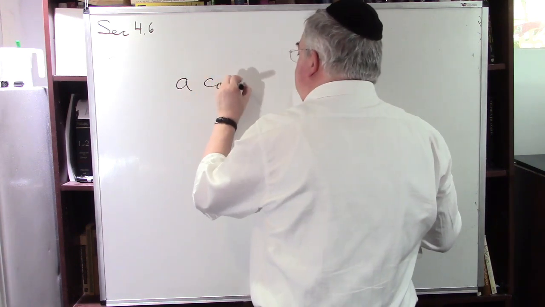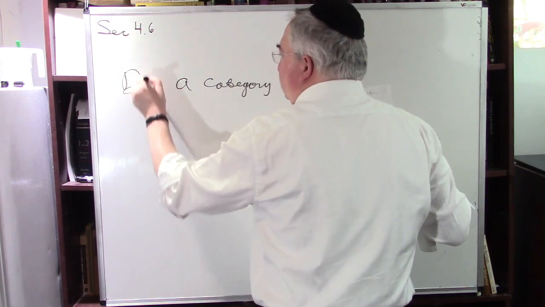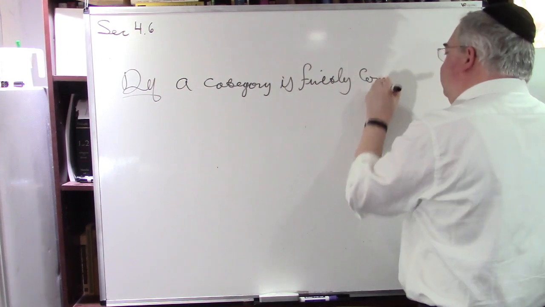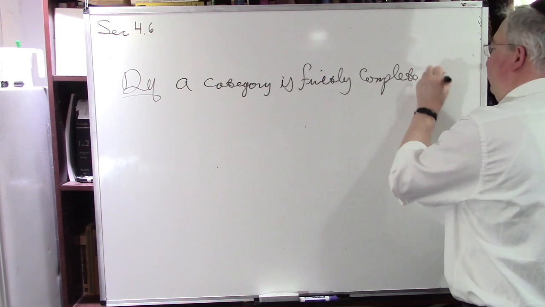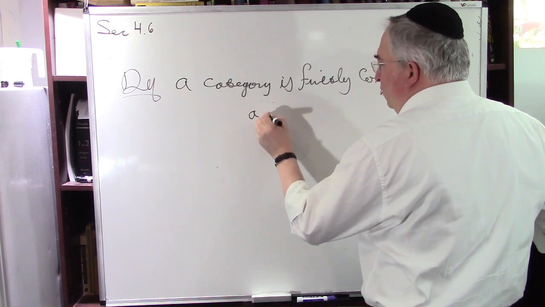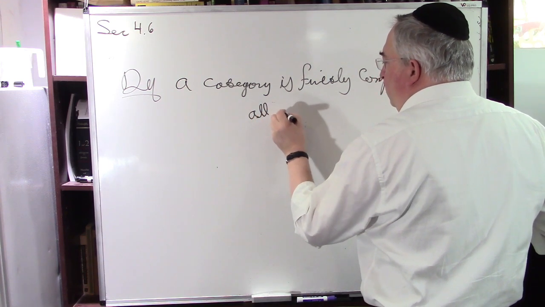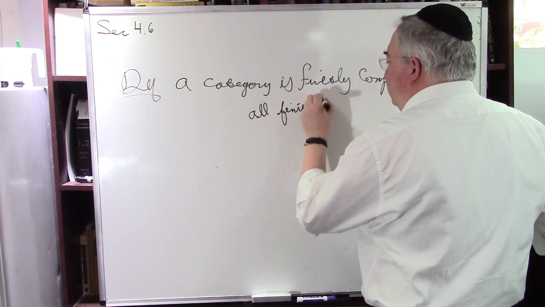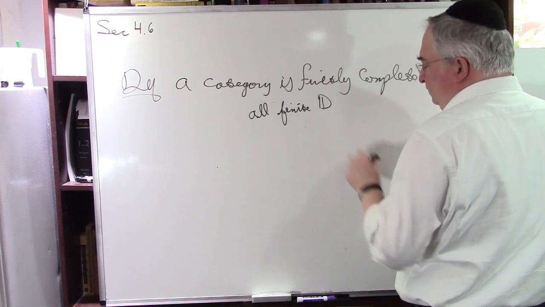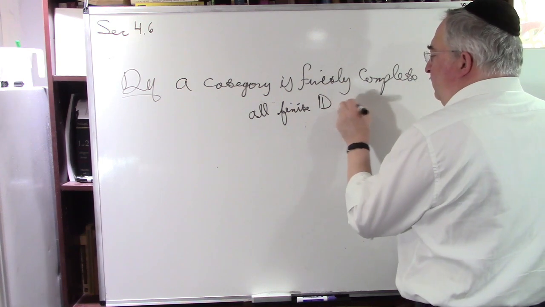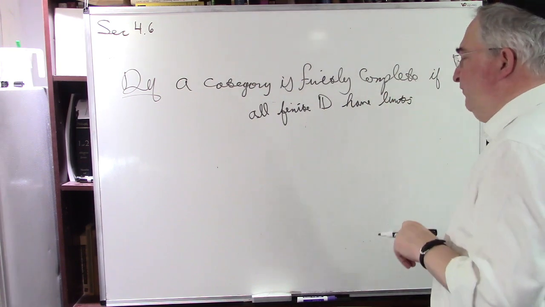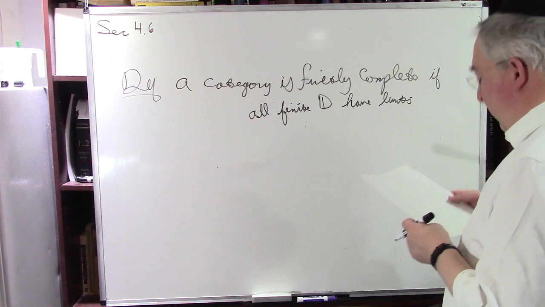A category, again, we're making definitions, is finitely complete if all finite D, in other words, the shape categories, have limits.